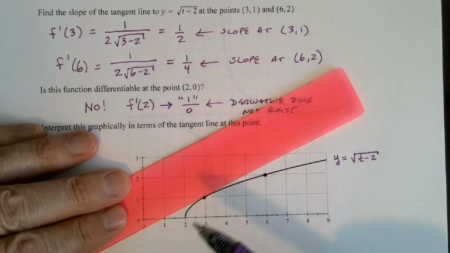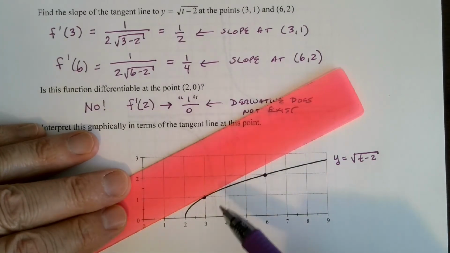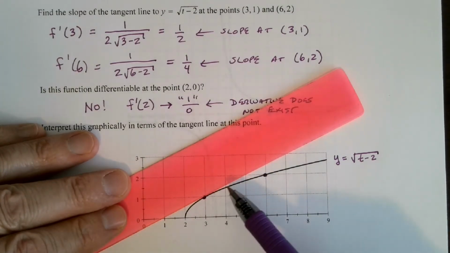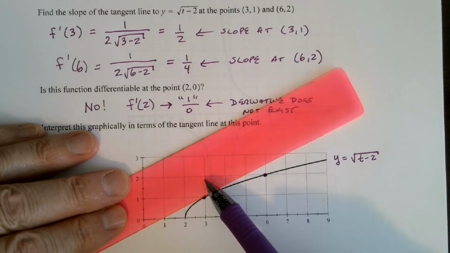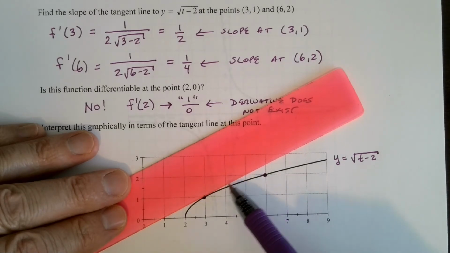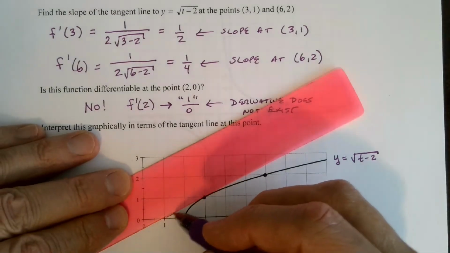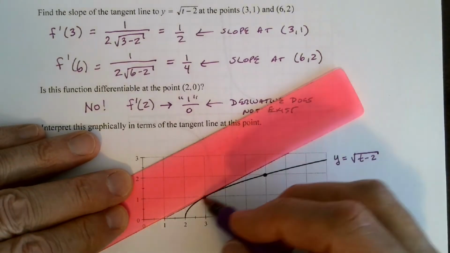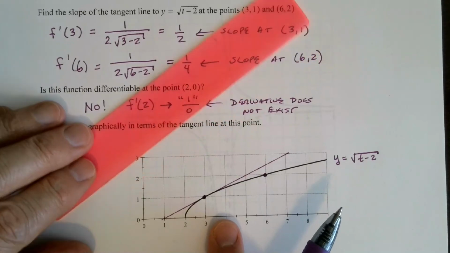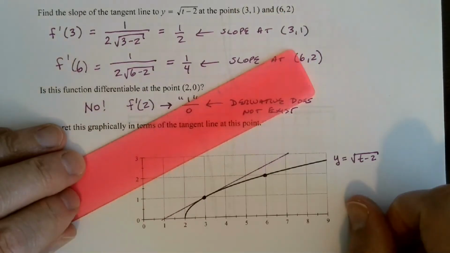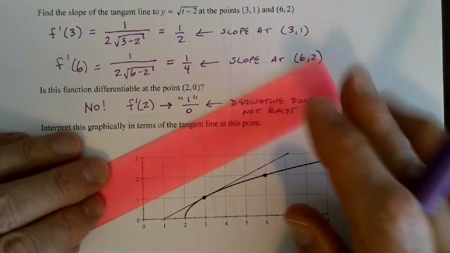Well, what about that line? Does it have a slope of about 1/2? Going from one point, where's another point? Right there is another point. I go up 1, over 1, 2. So we can see, right at that point, I'll thinly sketch that line. That line has a slope of 1/2, and that's consistent with what we said there. At 6, we said the slope was 1/4.